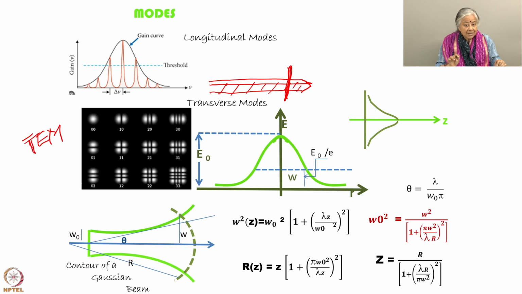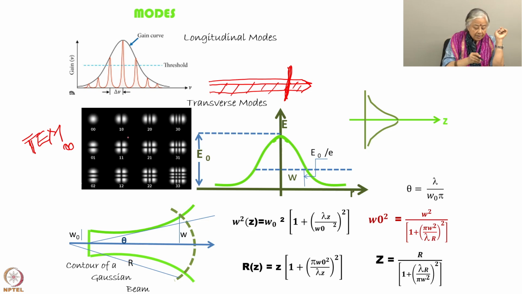You have got to understand that. Though I have said modes, in case of longitudinal they are frequencies. TEM is a distribution function of the intensity profile. So, the first one is called TEM 00 mode. Here in the picture it is only written as 00.